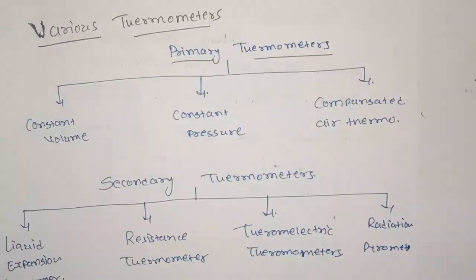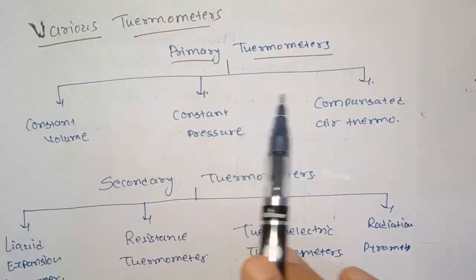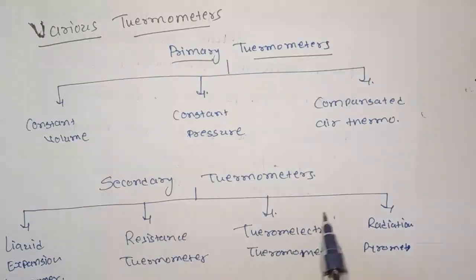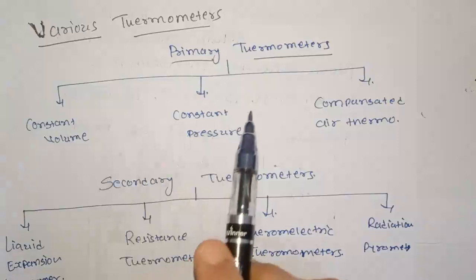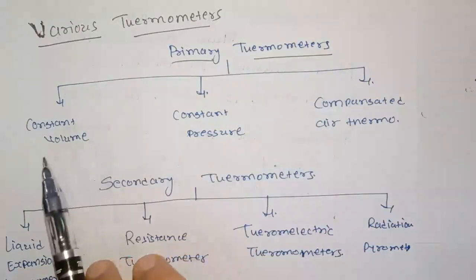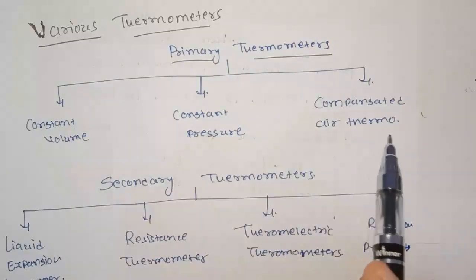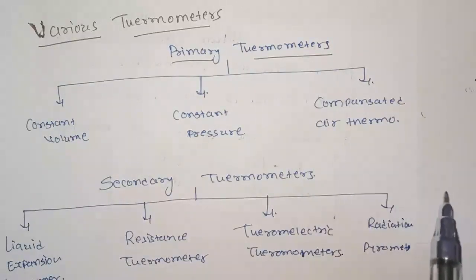Now, let us see various thermometers. We have classified the thermometers in basically two types, primary thermometers and secondary thermometers. The primary thermometers are comparatively slow and the secondary thermometers are comparatively fast. The types of primary thermometers are constant volume, constant pressure thermometer and compensated air thermometer.